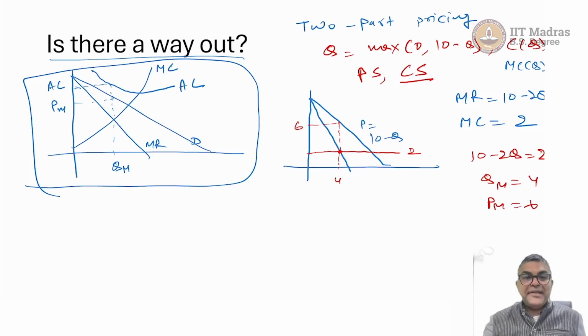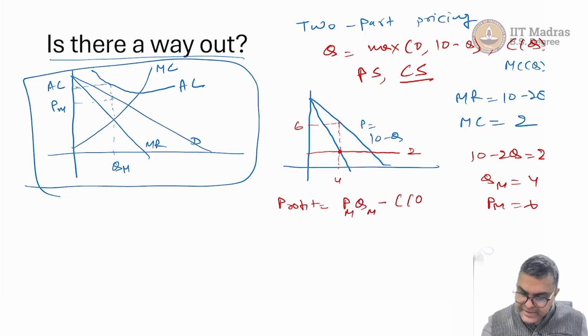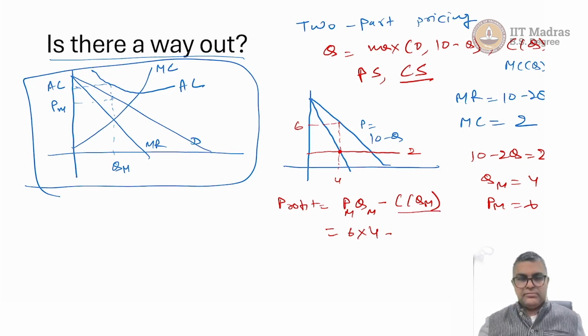We do not have any average cost here, but here we have a simple attempt at how much the producer is going to earn. We can calculate the profit to producer is going to be PM QM minus C of QM. PM is 6, QM is 4, and C of QM, of course, we do not know the fixed cost, but we should not worry about it. We will see that profit can be approximated by producer surplus.